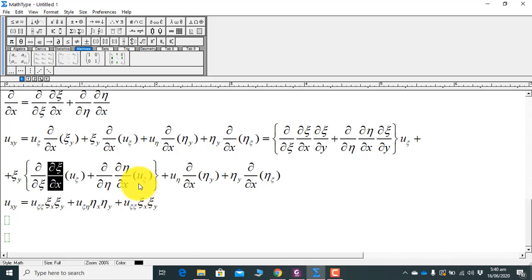So there is xi eta, no problem, but this is not 2 times because there will be some mistake.